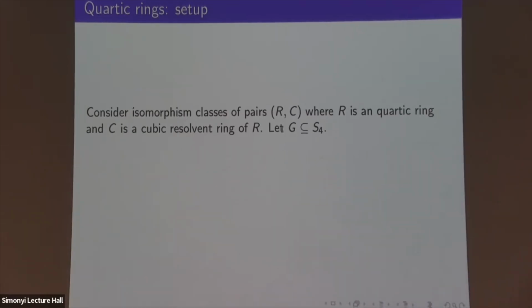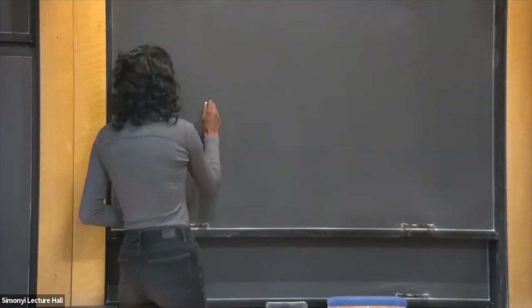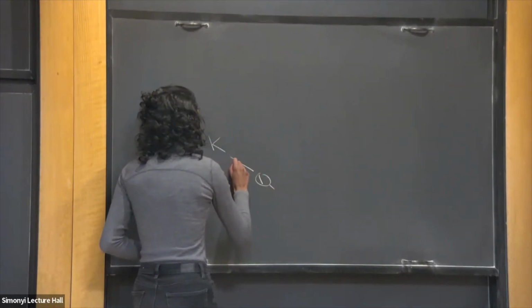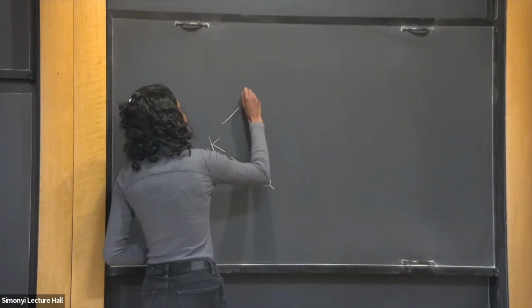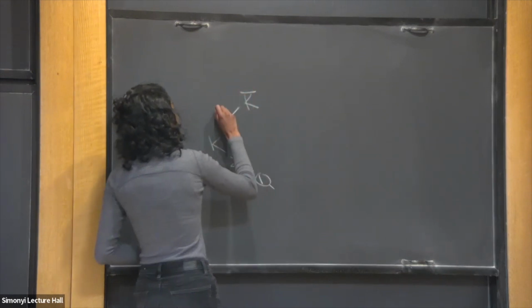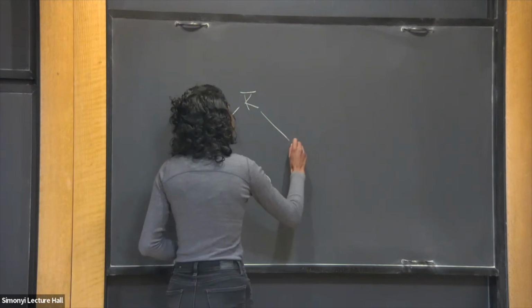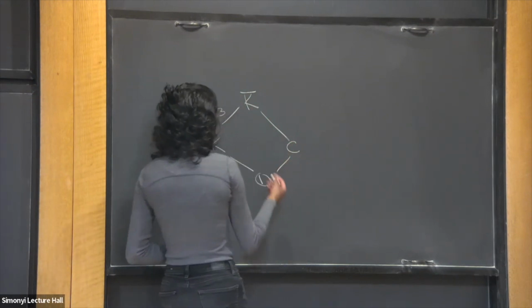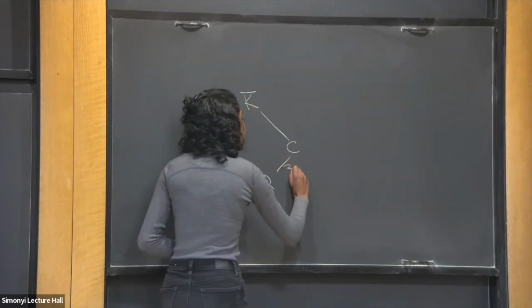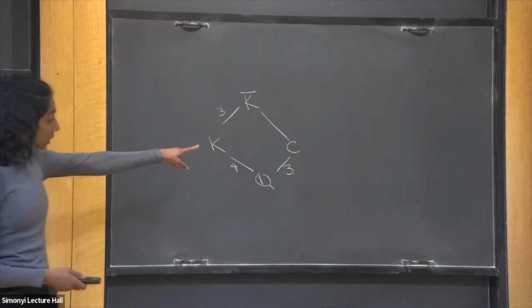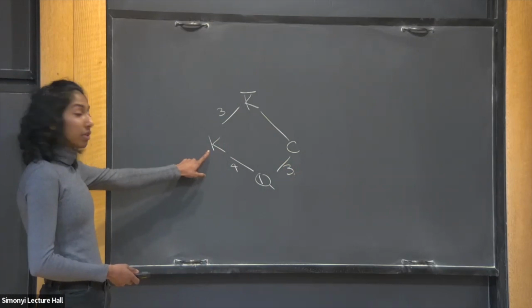If you take a quartic extension, K over Q with Galois group S4, then you can take the Galois closure, which I'm going to call K bar. This is some degree 12 extension of Q. And if you do some Galois theory, you'll see that inside K bar exists a cubic field I'm going to call C. Classically, this cubic field C is called the cubic resolvent field of K.